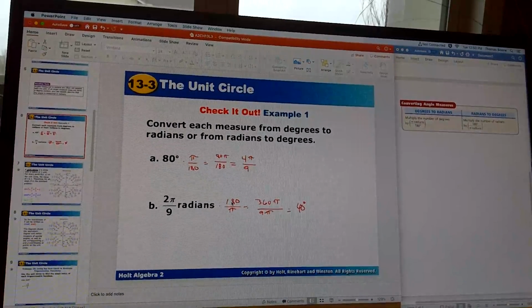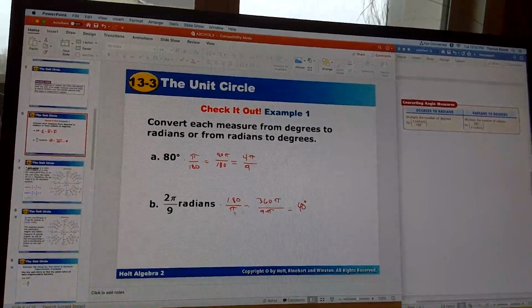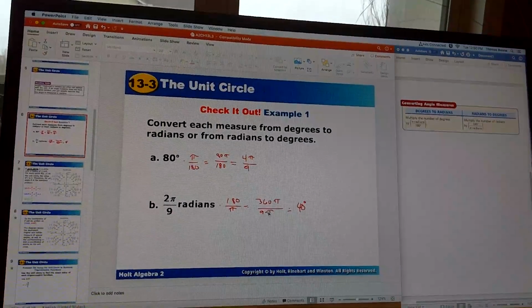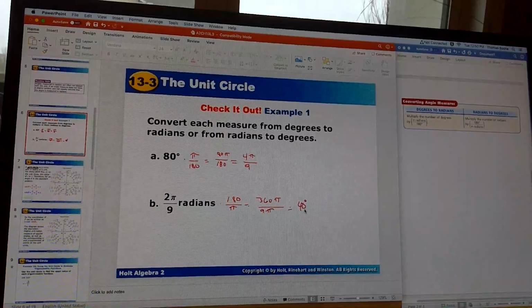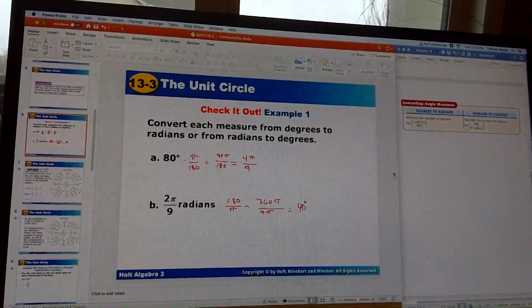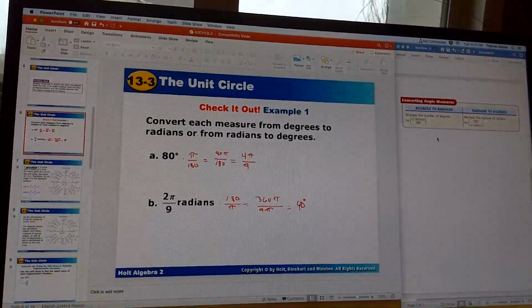Converting that to degrees, we multiply by 180 over pi. We get 360 pi over 9 pi. The pi's cancel off, and 9 goes into 360 40 times. So 40 degrees is our measure there. You have this little reminder over here, so keep that out. It's something nice to have.